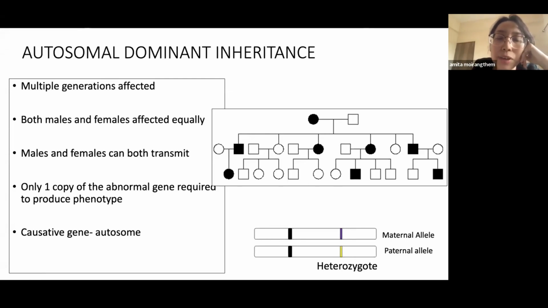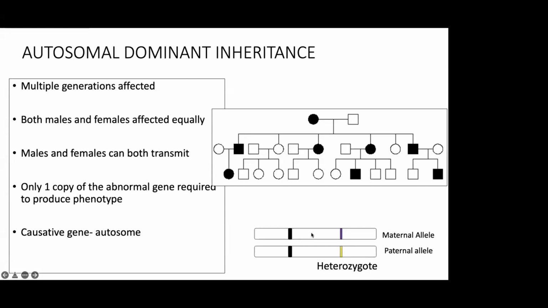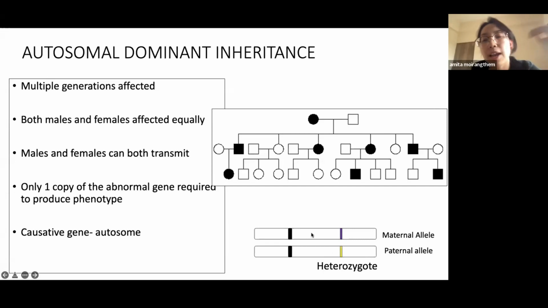Subsequently, when the causative genes were identified, it was established that in such disorders, the mutation or the abnormality in one copy of the gene is enough to produce the disease. That is what is known as a heterozygote. Here I have denoted the two copies of genes.